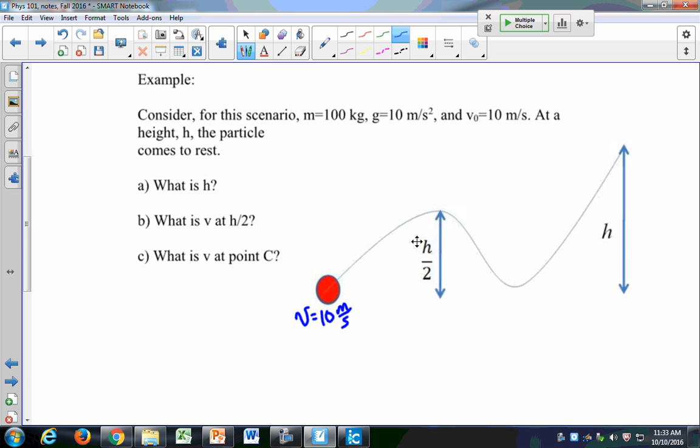And I also know that over here, it comes to rest. So over here, V is equal to 0. I want to know what is H, and what is the speed at point C. Where's point C?